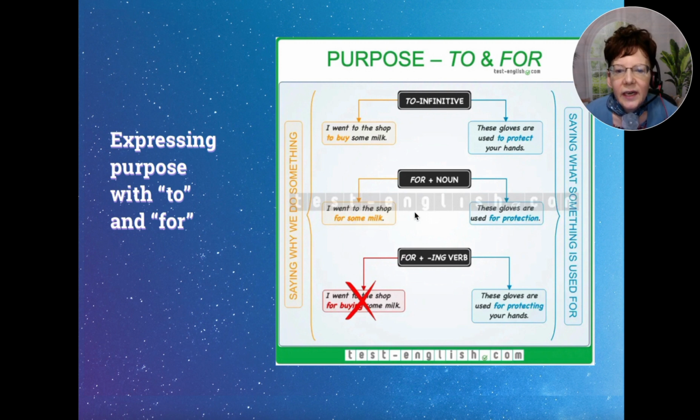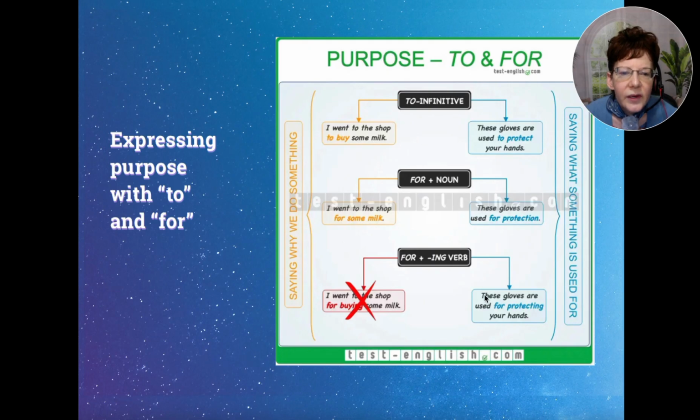All right. There's also this usage, for plus an ing verb. So for this one, I went to the shop for buying some milk. That isn't exactly the correct form.